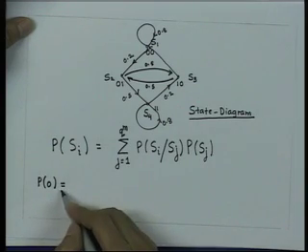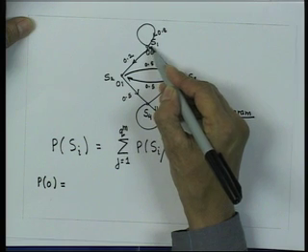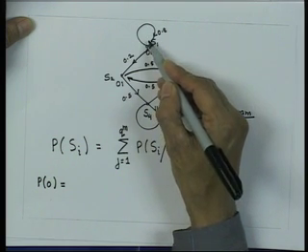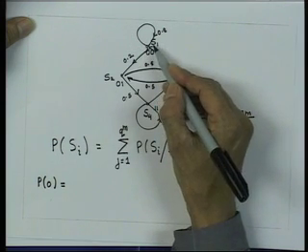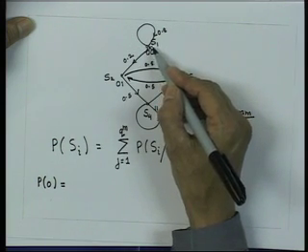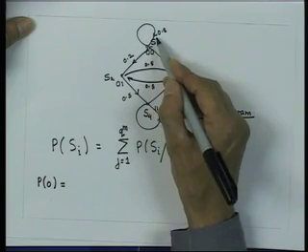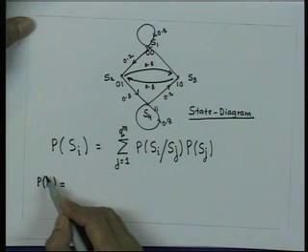Probability of occurrence of 0 would be when I am in state S1 and I go back to state S1, because if I go from state S1 to S1, it means that 0 has occurred. And what is the probability of being in the state S1? So, if I use this kind of information, I can calculate the unconditional symbol probability of 0.